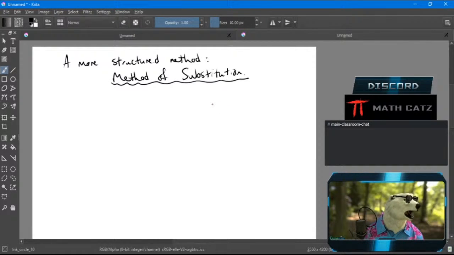Now, this method, once you get the hang of it, is just so useful. And it's not long, it's short.